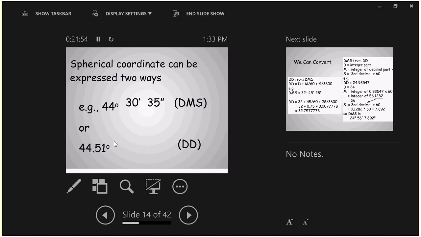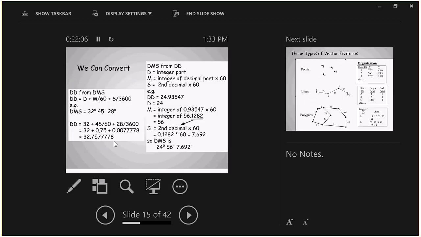So you just divide by whatever 60 times 60 is, and you get the last part there. So a computer can convert back and forth between those fairly well. But if you're ever asked to do that, this is the math. It's just what I said, and you can do that. All right.